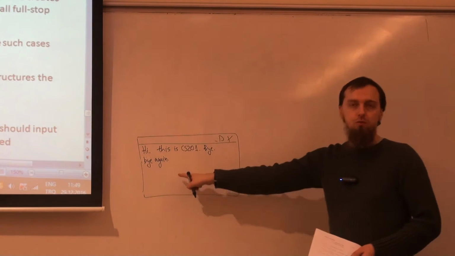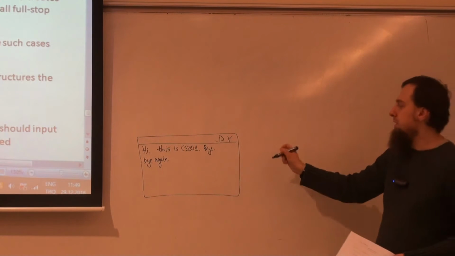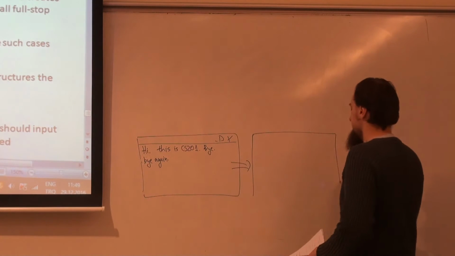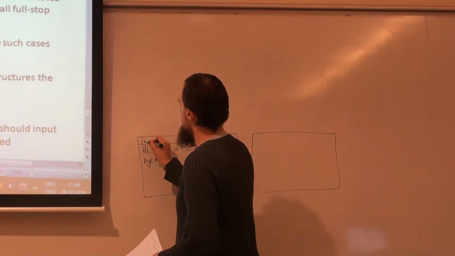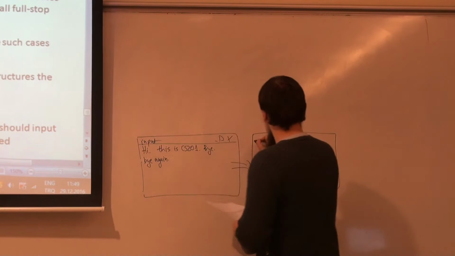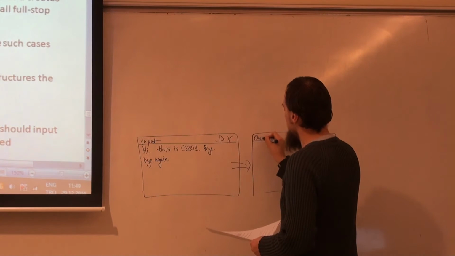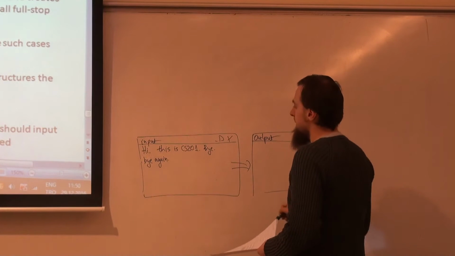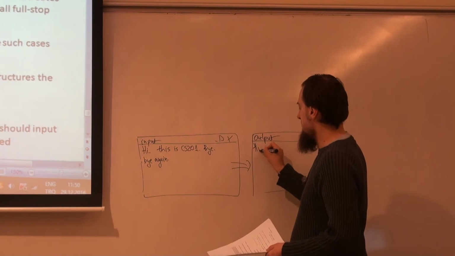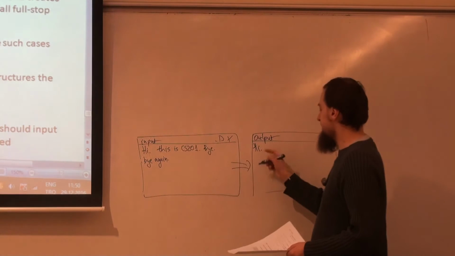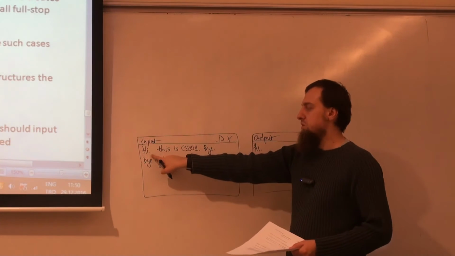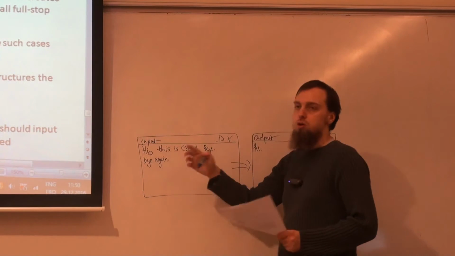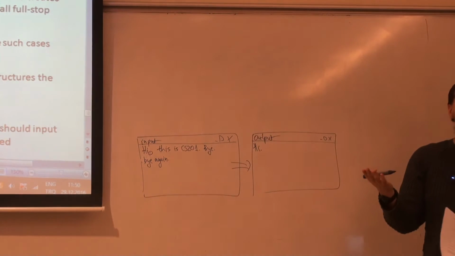Our job is to transform this input file into this one. So if this is the input, this is the output, another file. We write hi, all the empty spaces, but the first character after the dot, and this is important, the first character after the dot should be an uppercase letter.